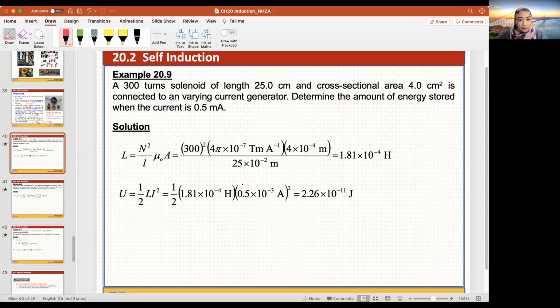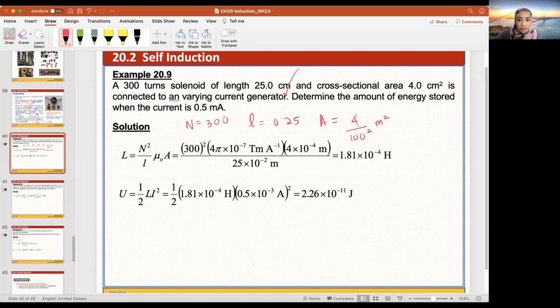Okay, so let's look at this example. 300 turns, so N equals 300. Length L is 0.25, and cross-sectional area is 4 centimeters squared, so I have to divide this by 100 squared, instead of just 100, to make it meters squared. It's connected to a varying current generator.